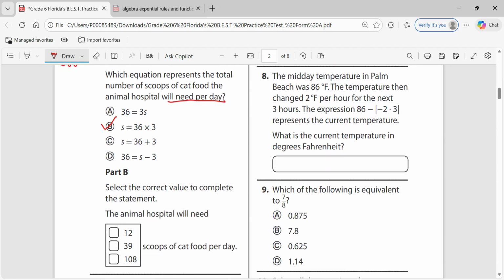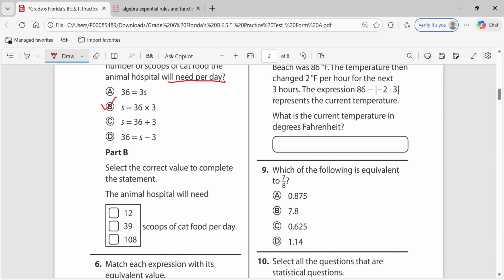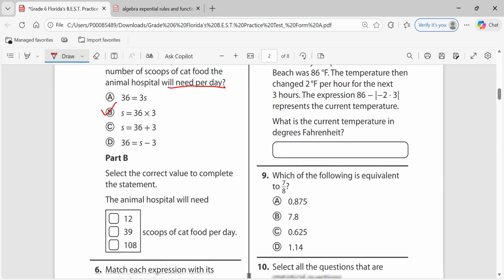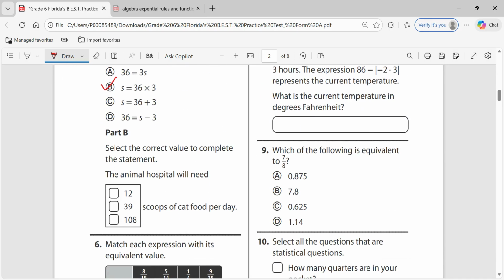Now that we know B is the representation, we're just going to solve it. Select the correct value to complete the statement. They're going to need blank scoops of cat food per day. Well, they can't use 12, right? Even if I don't know, they can't need fewer scoops than cats. Not 39, because then not every cat would have any, since there are 36 cats. So it is 108, and 36 times 3 is also 108.